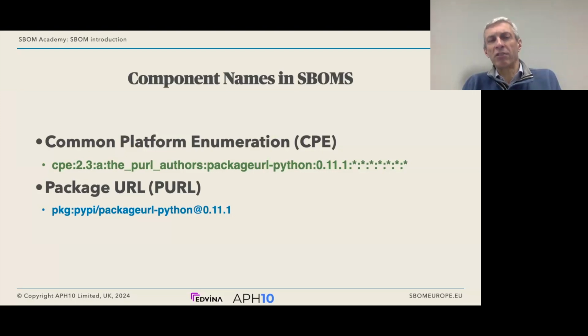Package URL tries to address that by having a far more consistent way of defining the components. Often you will see a component identified with both, which is really good. Increasingly, people are starting to use PURL as the way to reference a component, particularly when you're using vulnerability management and looking at vulnerability data.